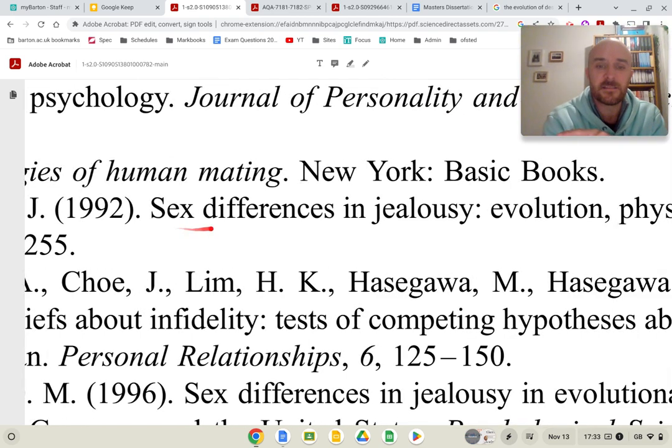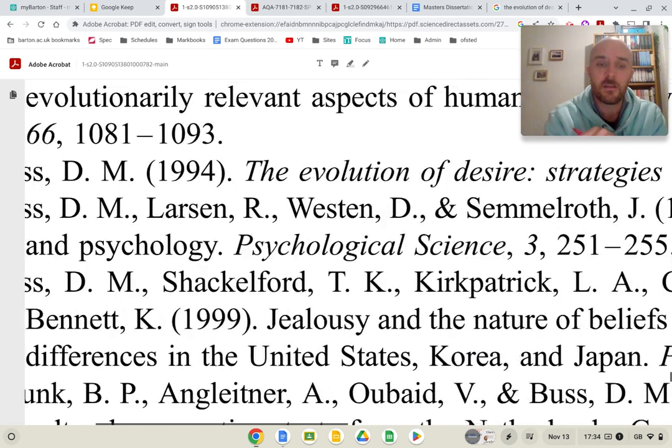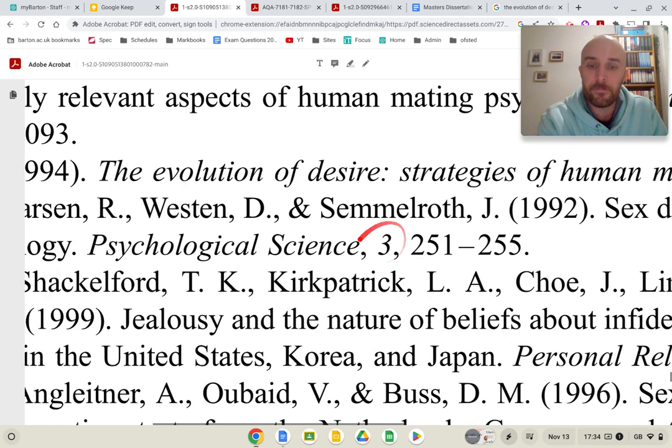So in this case, Sex differences in jealousy: evolution, physiology, and psychology, right? After the article title is the title of the journal itself. Where can you find this? So this was published in Psychological Science, Volume 3, pages 251 to 255.